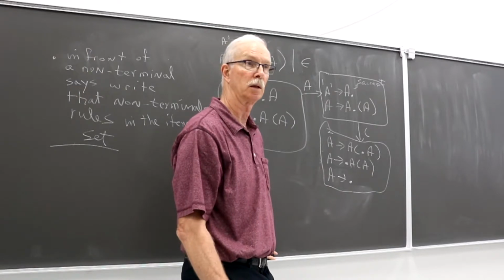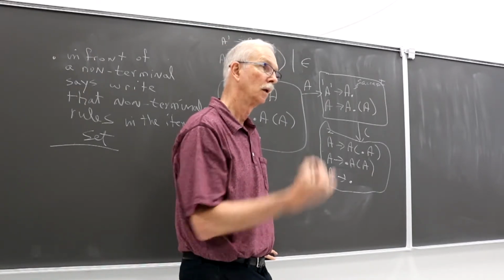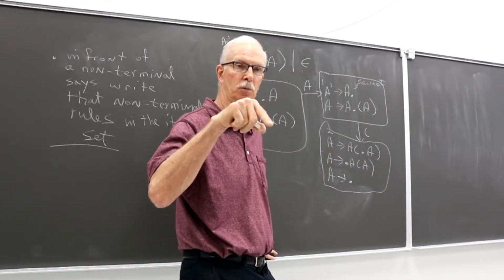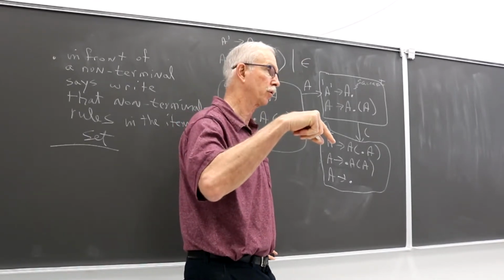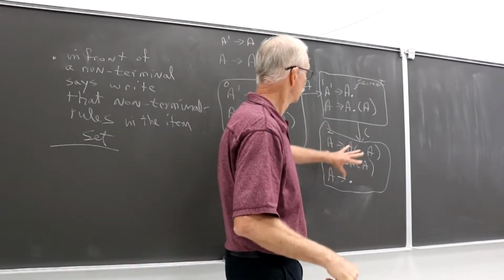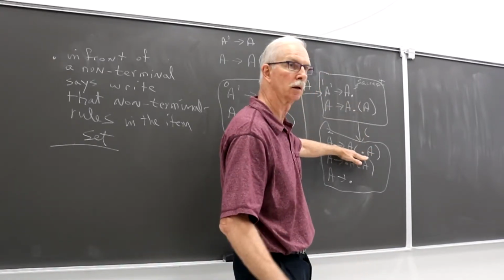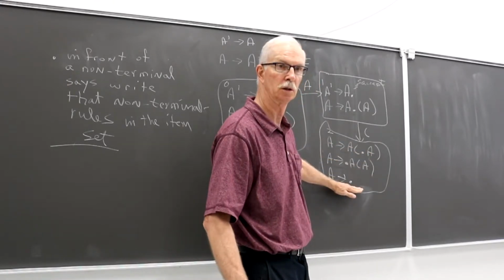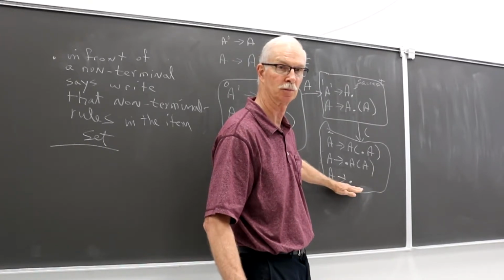We're learning how to build item sets. Now, if you read your text, which I believe some of you are doing, your text author does the move from here to here, and then he does this completion in two separate steps, in two separate diagrams.